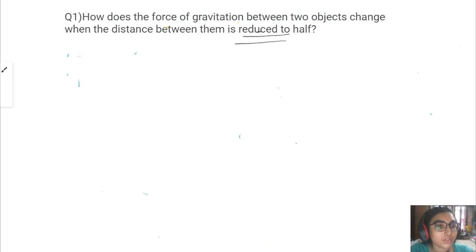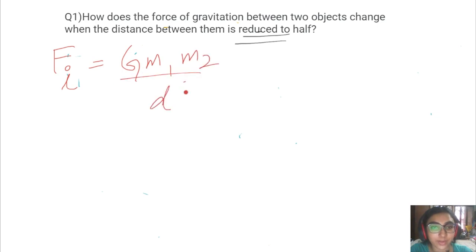Okay, so first let's write down the formula that we know and call it the initial force of gravity. So it is G m1 m2 by d square. Okay, so we have to find the changed gravitational force, right? Like what happens after the distance between them is reduced to half.